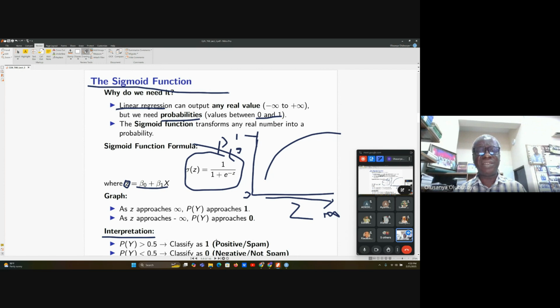We interpret the probability by using it to classify the comment, or in the case of email, so when the probability is greater than 0.5, then we will say it is positive. Or we say the comment, the email is spam.